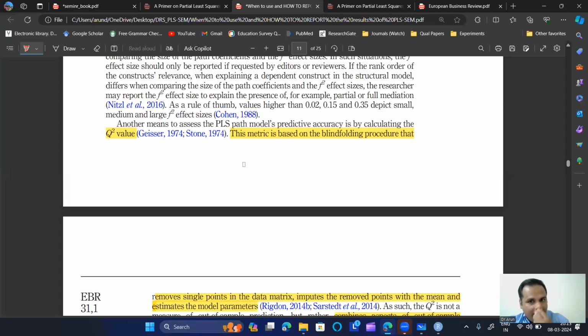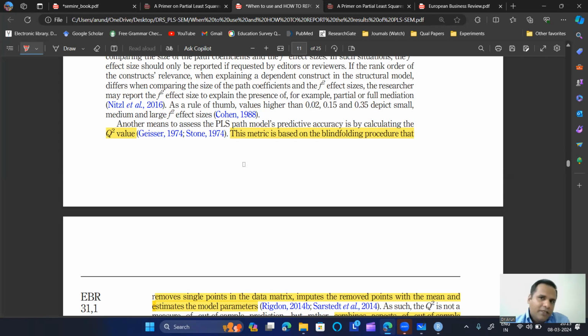By the way, SmartPLS will not help you to calculate the Q square value. If you want to calculate Q square, you should use the cSEM package. The cSEM package will help you to calculate Q square, but you can't get it in SmartPLS. But can you calculate Q square by a manual method? According to me, Q square can't be calculated by a manual method. There is no formula available for Q square because you have to remove certain data points from your original data and replace them by the mean.